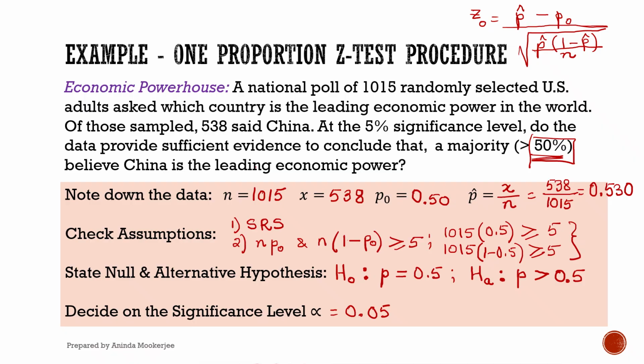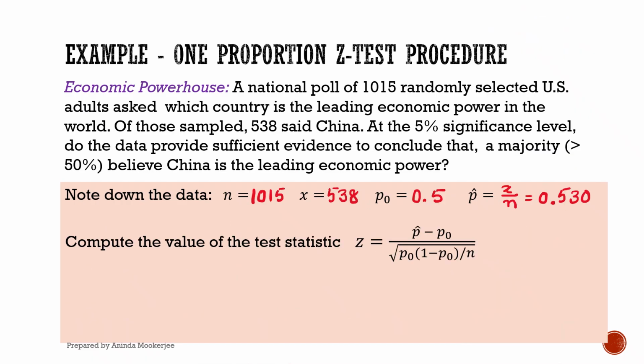Now note that this is going to be a one-tail test because we have the greater than symbol in the alternative hypothesis, it's going to be a right-tail test. So I'm going to make a note of that as well. By the critical value approach, the reject region is going to be on the right side of the curve. All right. So in the next slide, we will go through the next few steps of calculating the test statistic, applying the approaches to come to a decision, and then interpreting the results.